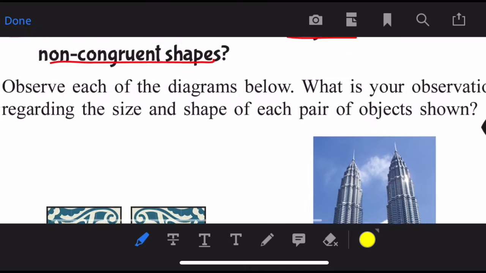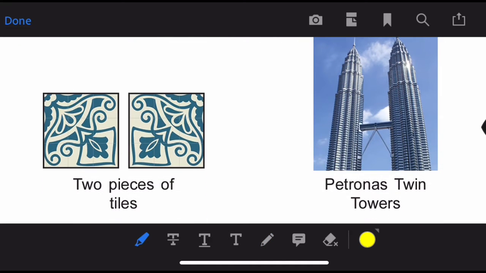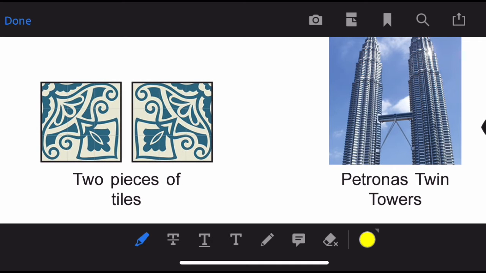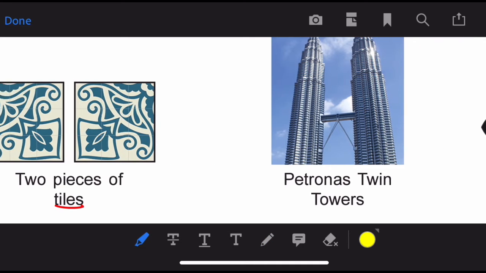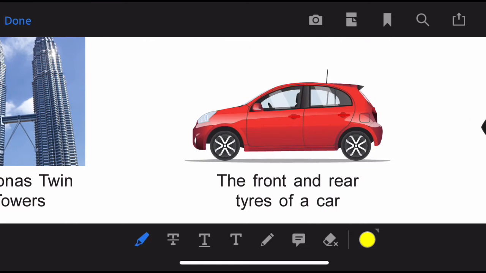What is your observation regarding the size and shape of each pair of objects drawn? So let's have a look. The two pieces of tiles, are they congruent? The Petronas Twin Towers, and the front and rear tire of a car, right?